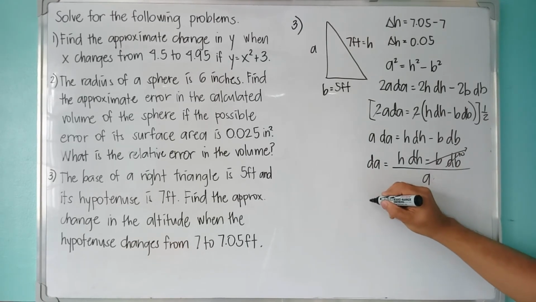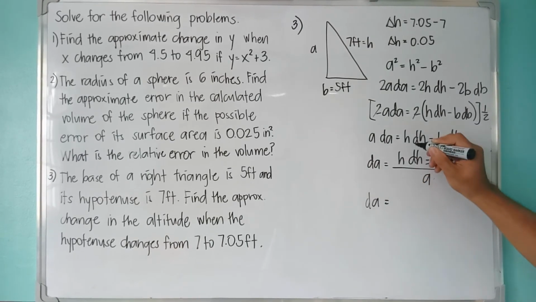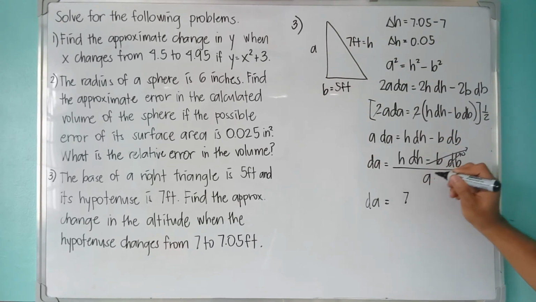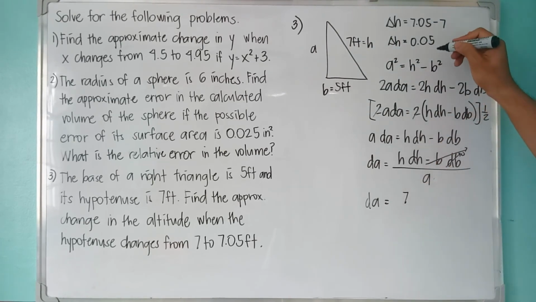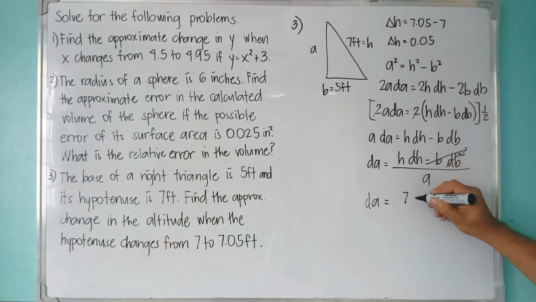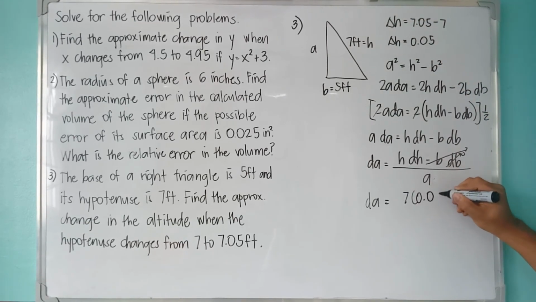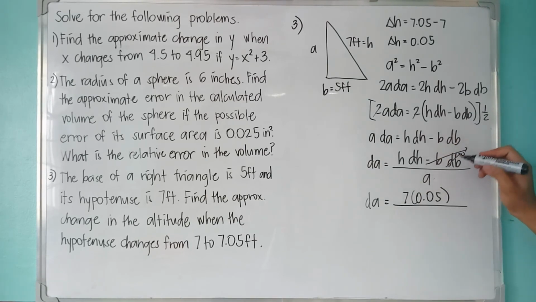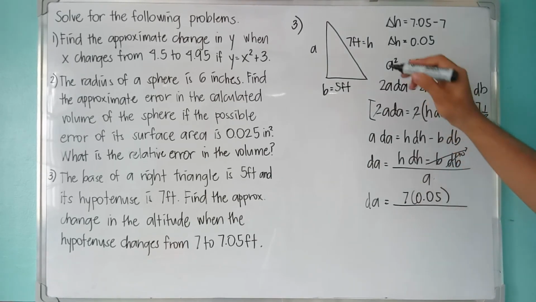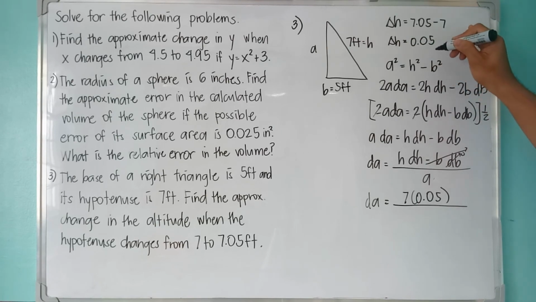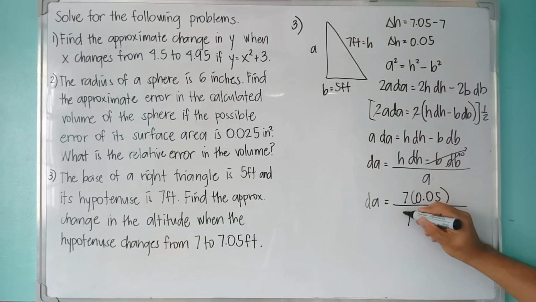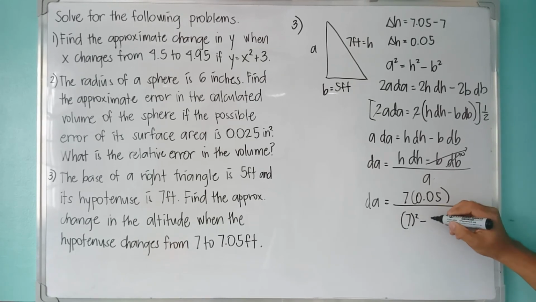So, yung dA natin, burahin ko na to para hindi makagulo. Si dA natin, equal sa ngayon sa H, yung value ng H natin or hypotenuse, which is 7, times dH. Yung dH natin or yung delta H is 0.05, all over A. Ang A natin is equal sa square root ng H squared minus B squared, so square root ng 7 squared minus 5 squared.